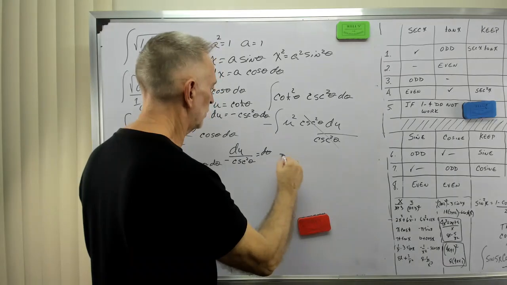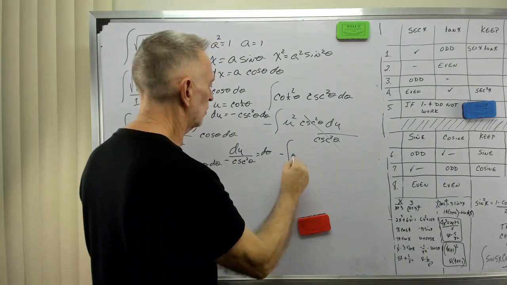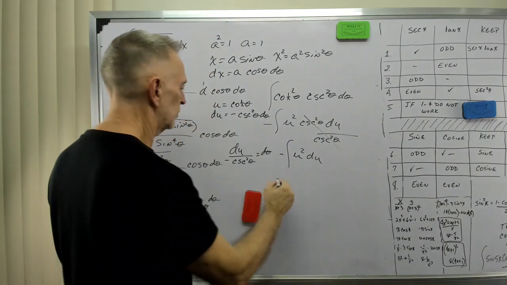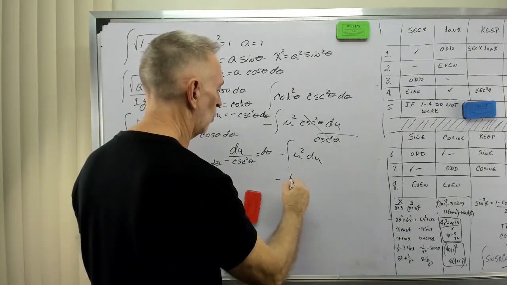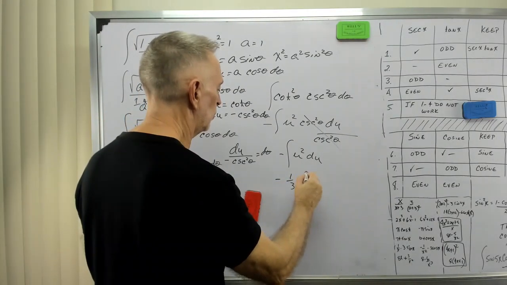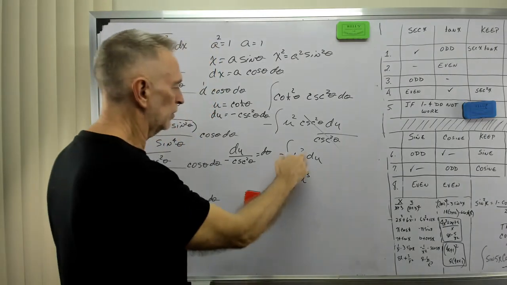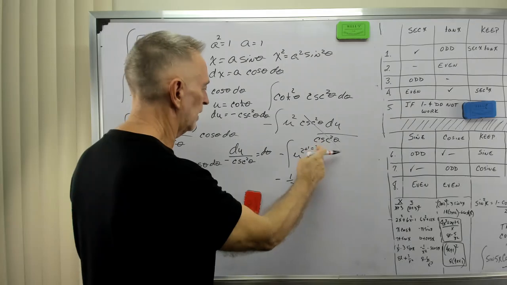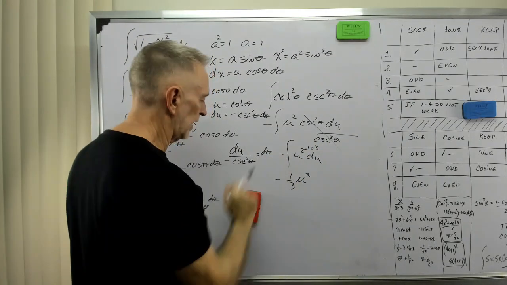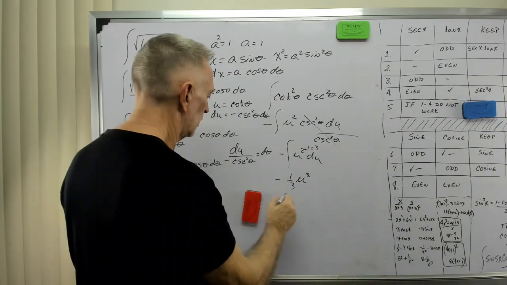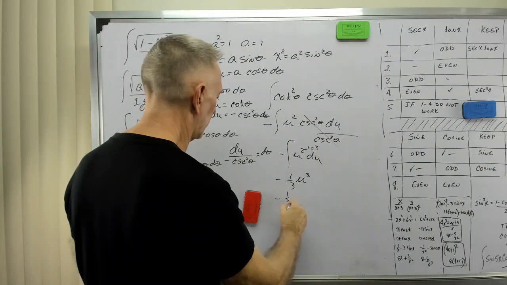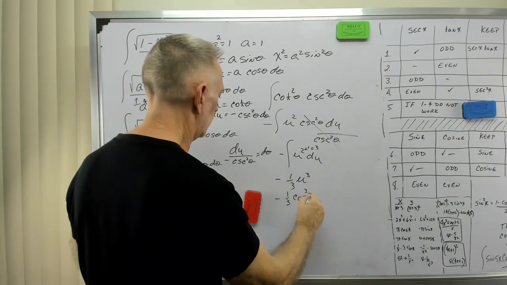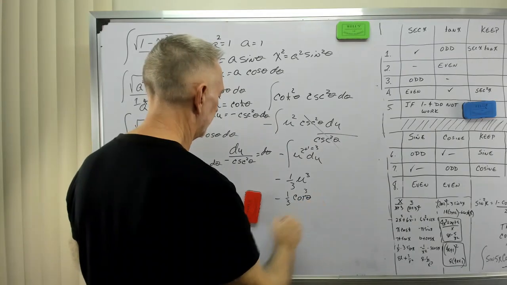Those cancel, so I end up with minus the integral of u squared du. So that gives me minus 1/3 u cubed. I increase the exponent by 1: 2 plus 1 equals 3, and I divide by the 3, and I have that negative out here. So I end up with minus 1/3 cotangent cubed theta.